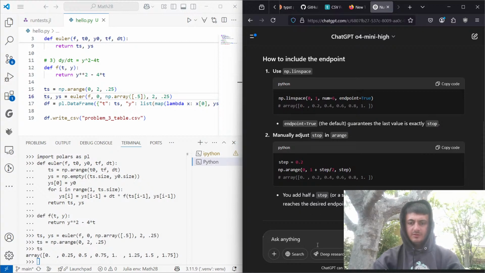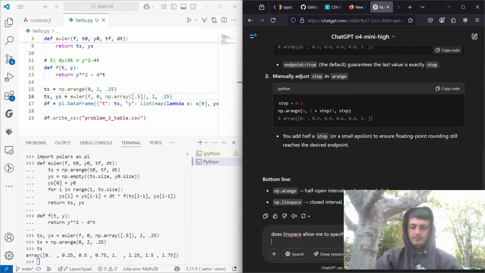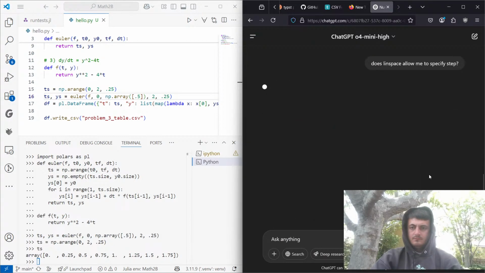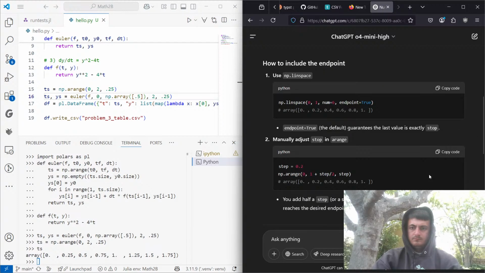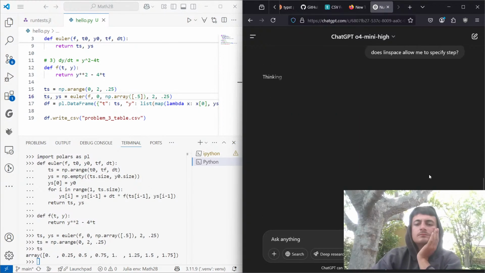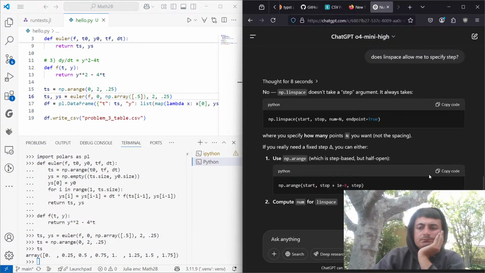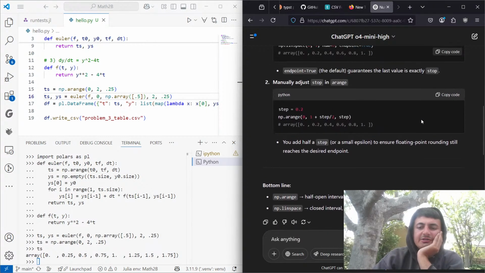That's goofy. Oh, that's so funny. Okay, whatever.